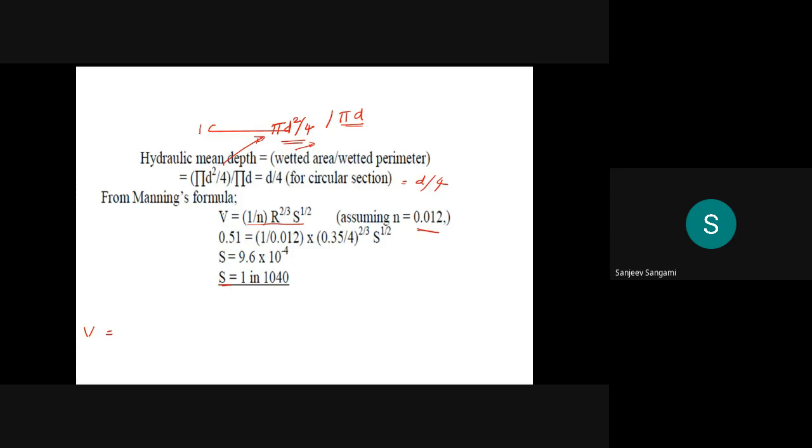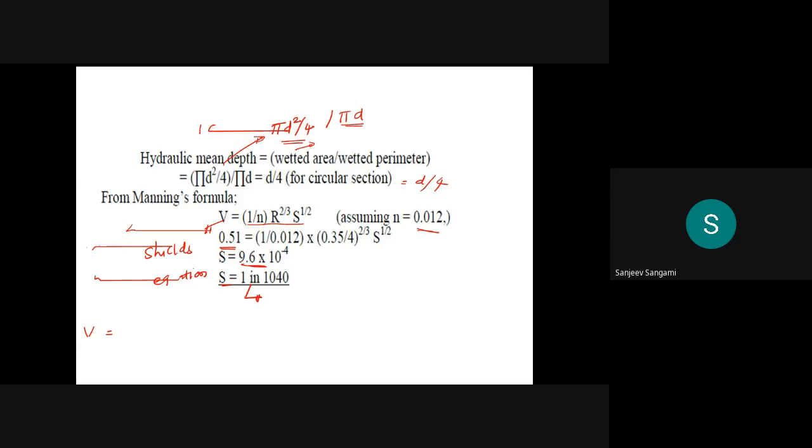We got the velocity with the Shields equation, 0.51, then 1 by n r to the power 2 by 3 s to the power half.